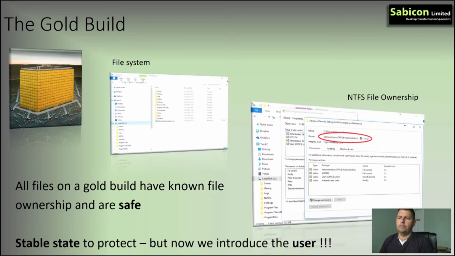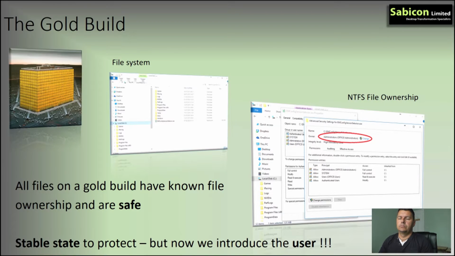Or it might also be, for example, HPCA install or trusted install accounts. So once we've got that gold build, we know all of those files on that machine belong on that machine. They should be there, and they all have this NTFS ownership, and it'll be one of 3 or 4 NT accounts. We know that gold build is safe.